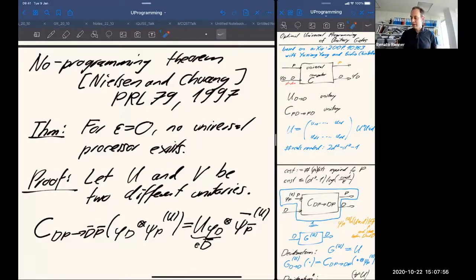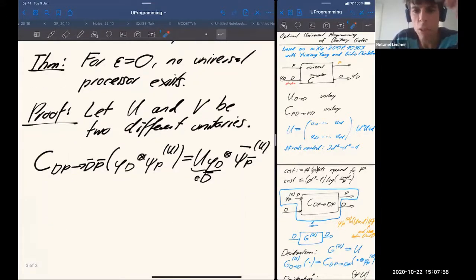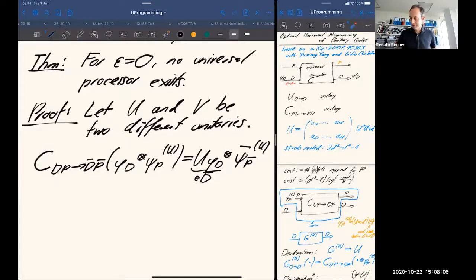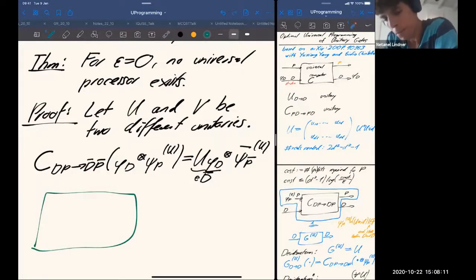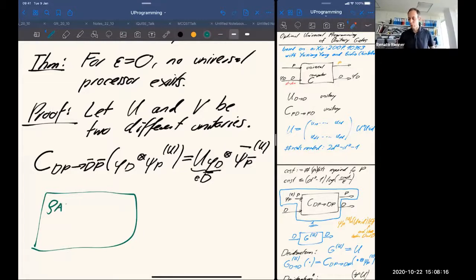Do you mean when you trace over the program? You have a mixed state over the data, yes. So maybe just as a little remark: the statement is, if I have something like psi for two arbitrary systems, or rho AB, and if I know this state is such that rho A is pure, then I can always say that rho AB as a total state has product form.